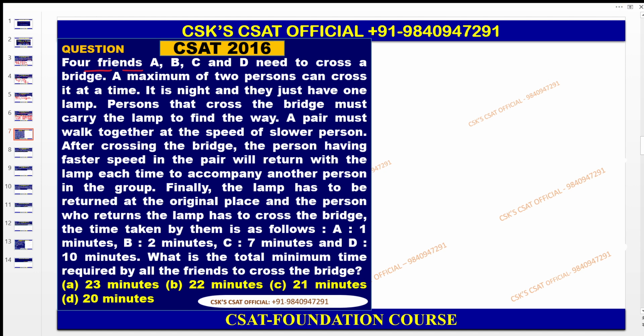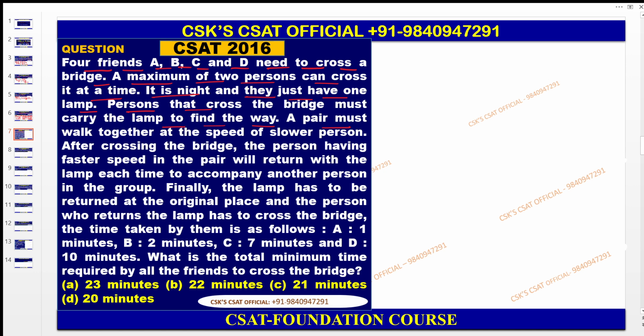Four friends A, B, C, D need to cross a bridge. A maximum of 2 persons can cross it at a time. It is night and they just have one lamp. The person who crosses the bridge must carry the lamp to find the way.